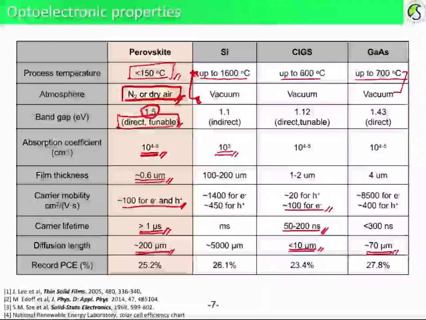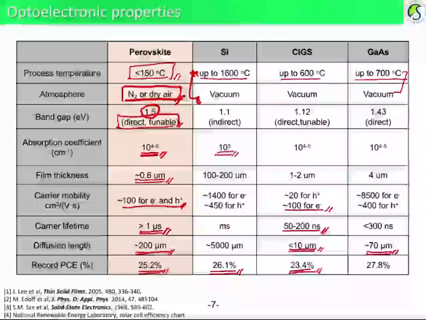And right now, the reported certified record efficiency is 25.2%. You can see that the efficiency is almost close to silicon and already higher than CIGS solar cells.